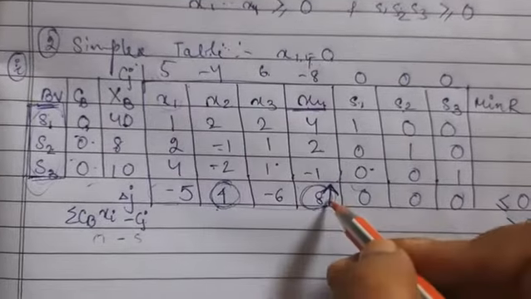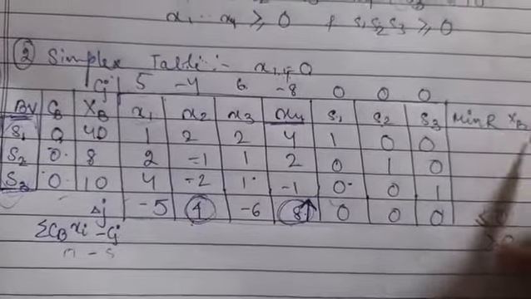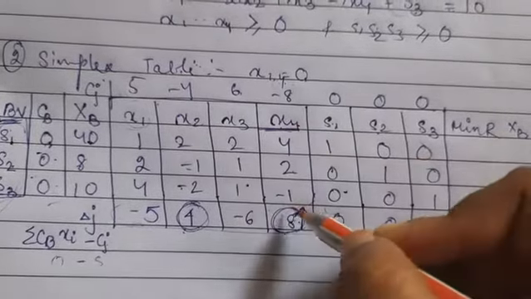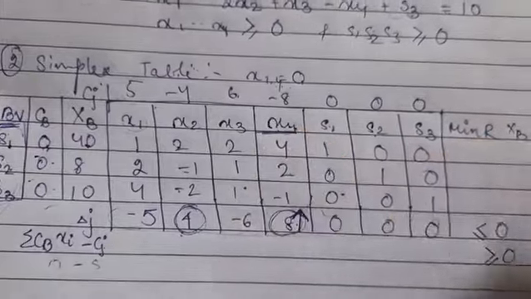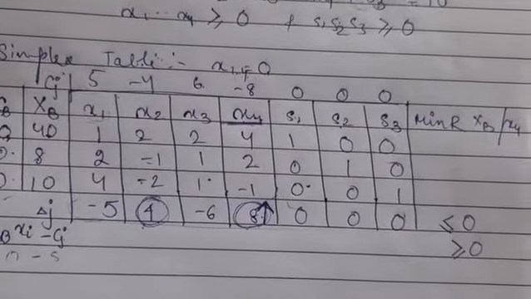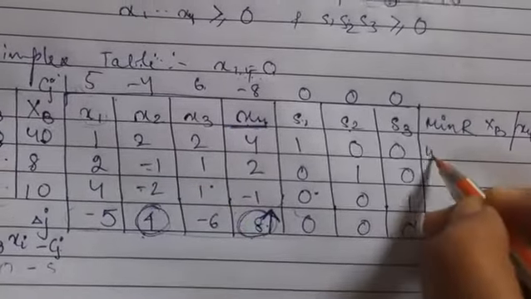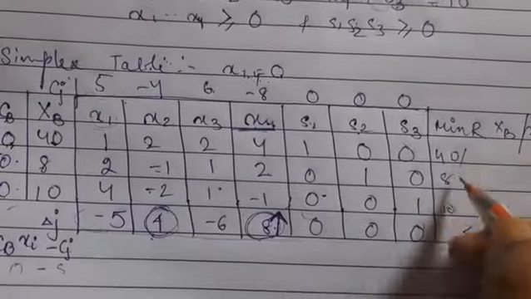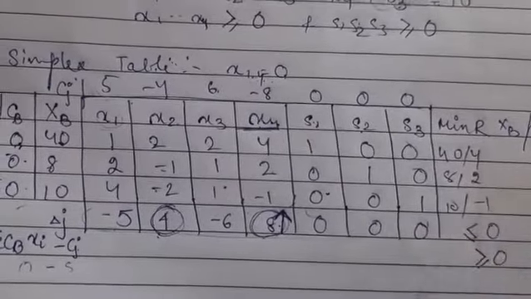That is, xb will be divided by x4, because 8 was the maximum positive, therefore the x4 column values will divide xb to find the minimum ratio, like 48, 10 divided by 4, 2, minus 1.